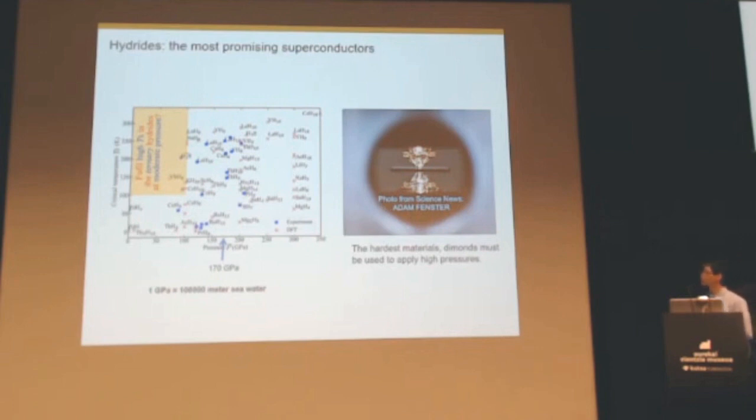In the laboratory, we have to use the expensive material diamond, the hardest material in the world, to achieve very high pressures. However, such experiments are almost unavailable in most laboratories in the world.